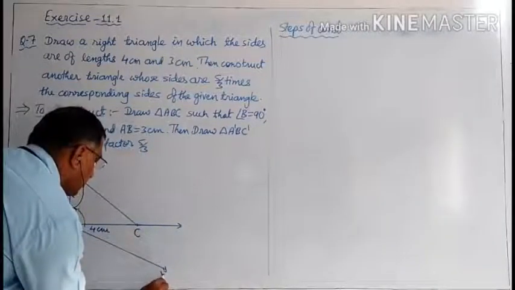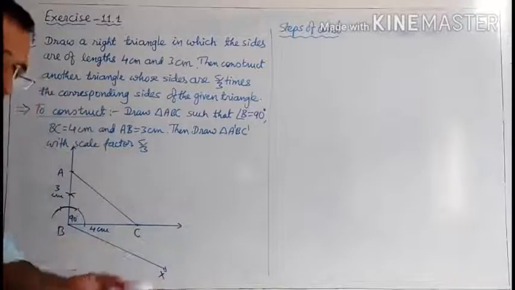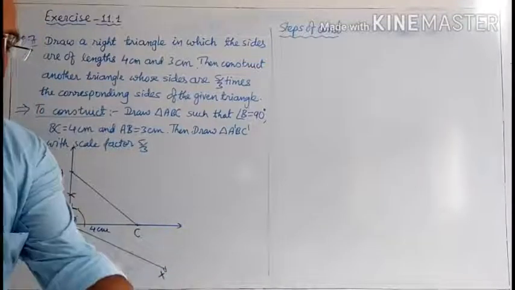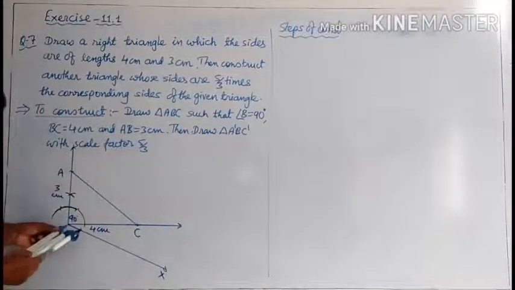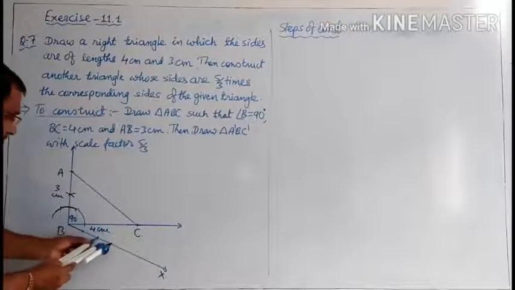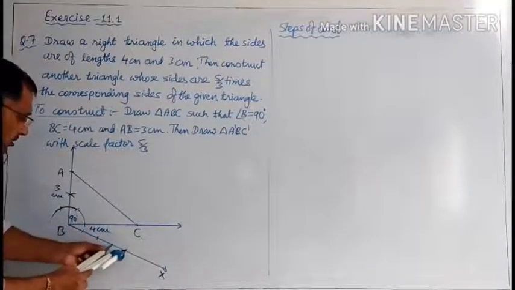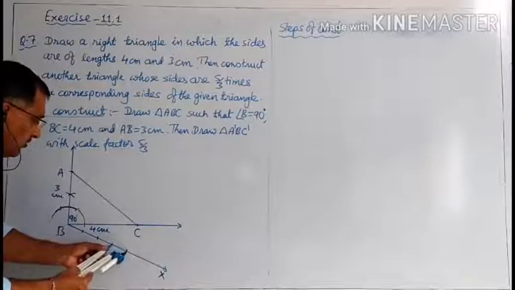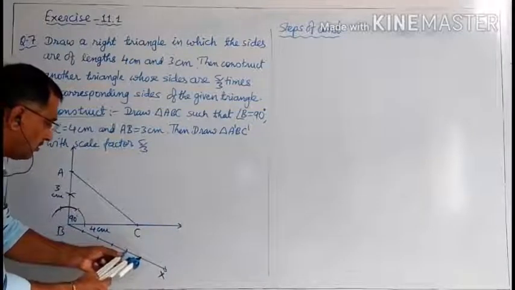This is ray BX. Then get B1, B2, B3, B4 and B5 on this. Taking B as a center, we will get B1, B2, B3, B4 and B5.